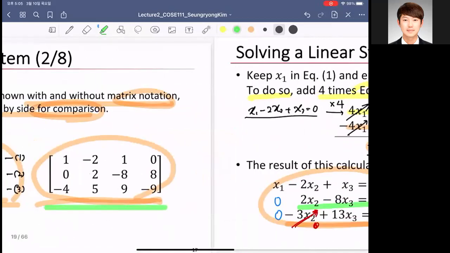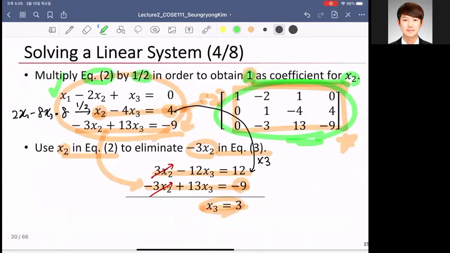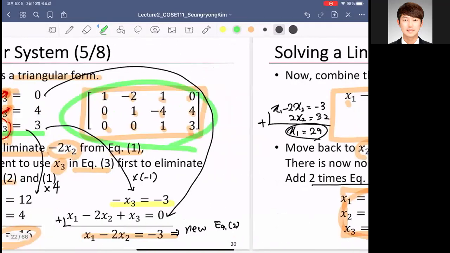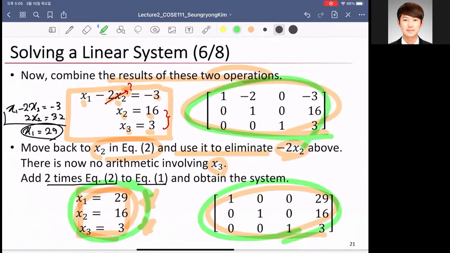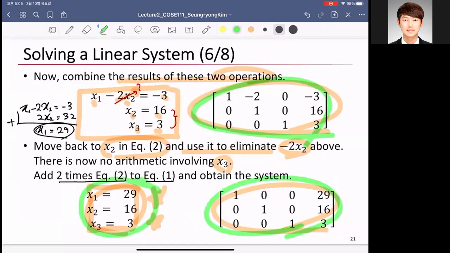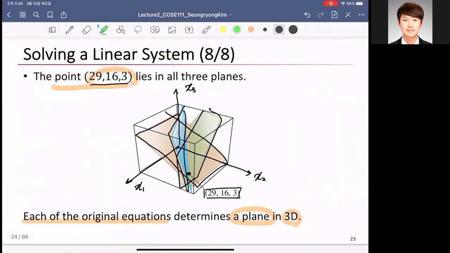We do this with some kinds of multiplication and arithmetic between the equations. Then we finally achieve a very simple linear system compared to the original linear system. But these two linear systems are equivalent, so we can say that the solution set of this linear system is exactly the same as the solution set of the original linear system.